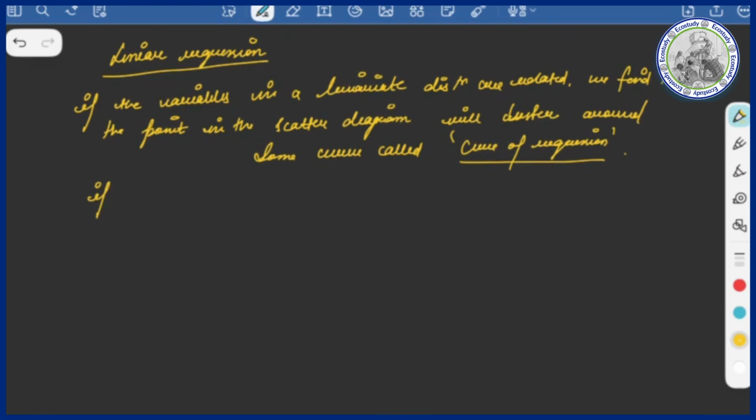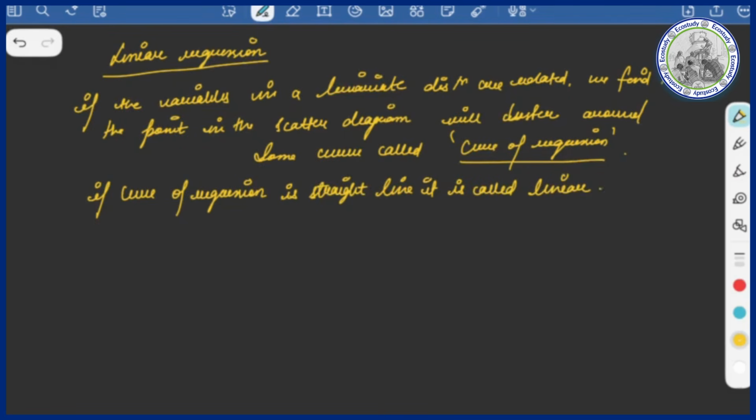Or if the curve of regression is a straight line, it is called linear regression. I will explain with the help of an example. So suppose like this.